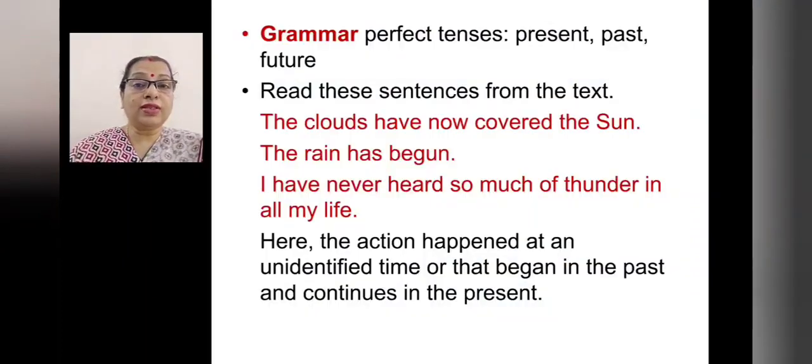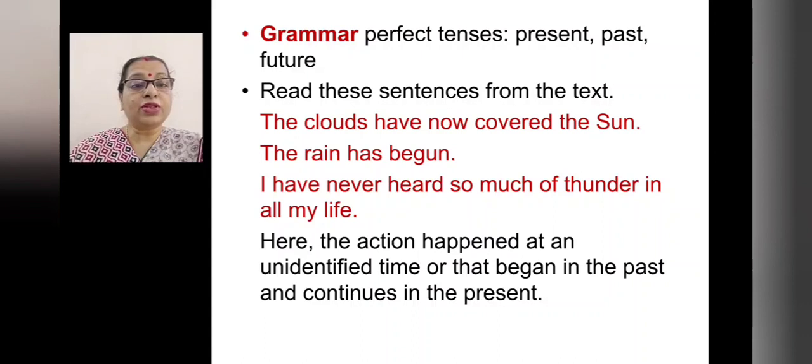Children, we have already studied tenses in detail. In this chapter, we have an activity on the perfect tenses, that is present, past and future perfect tense. So let's go through it. Read these sentences from the text. The clouds have now covered the sun. The rain has begun.